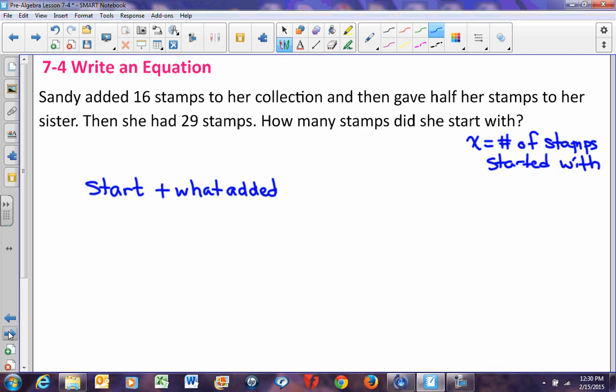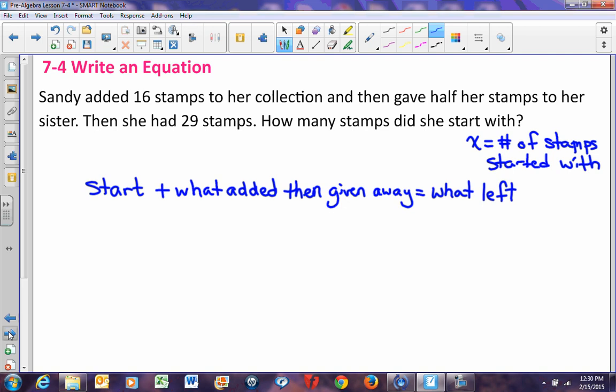Then she gave half to her sister. Then she had 29 stamps. So what she added, then given to sister, equals what is left. And that might be a little confusing, so let's just break this up step by step.